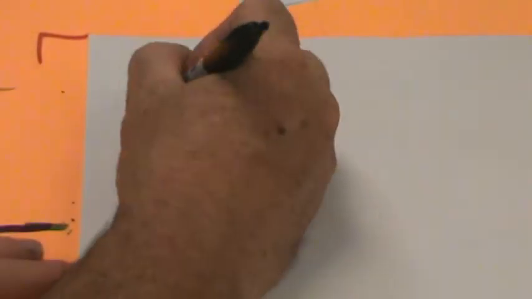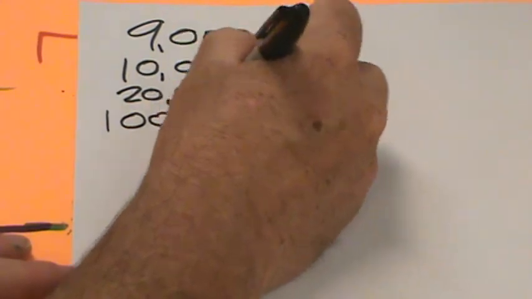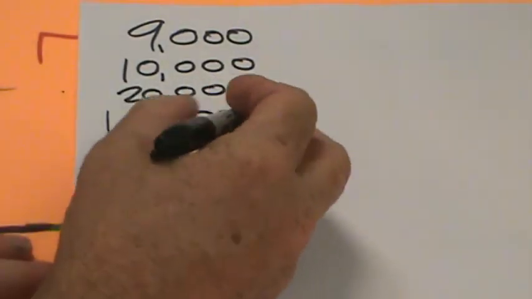We'll continue moving along. 20 thousands. I'm going to write 20 and 3 zeros to show that that is indeed 20,000. And we'll move on quickly along. 100 thousands. How would you write or say 100 thousands? You would just write 100 and put in the 3 zeros. Comma goes right there, of course. 1, 2, 3. And we got 100,000.